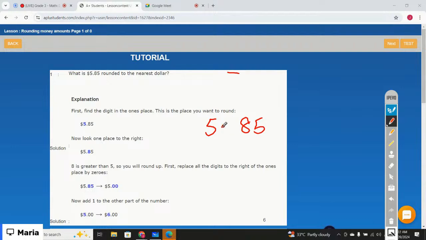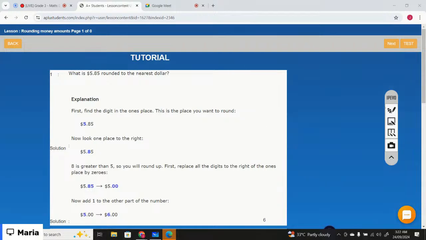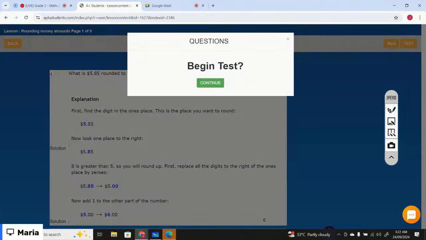So just look at the digit after the decimal point, that is 8. 8 is greater than 5, right? That means you need to round up. So 5.85 is rounded off to $6. So the correct option is 6. Got it? Okay, let's just start with the test questions.